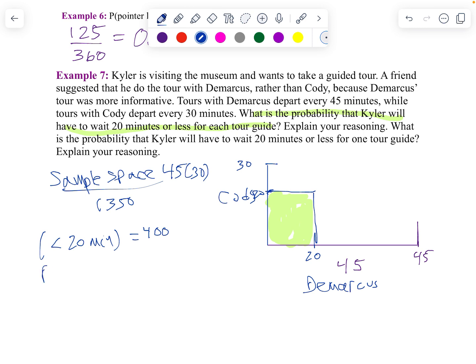So the probability that we have to wait less than 20 minutes for a tour, doesn't matter who it is, would be 400 out of 1350. And that's about 30% then, isn't it?